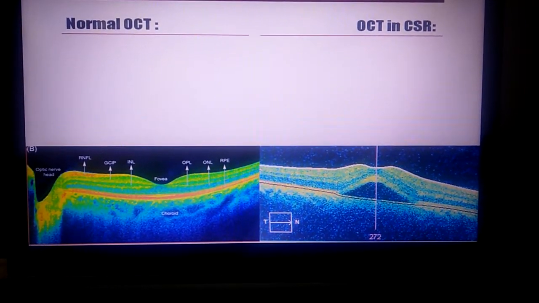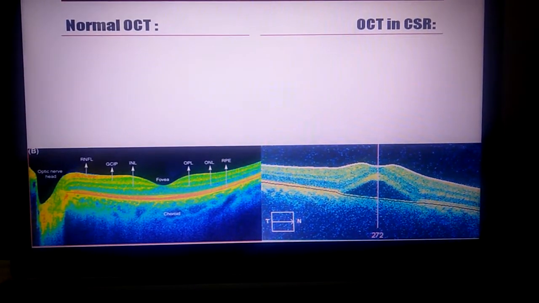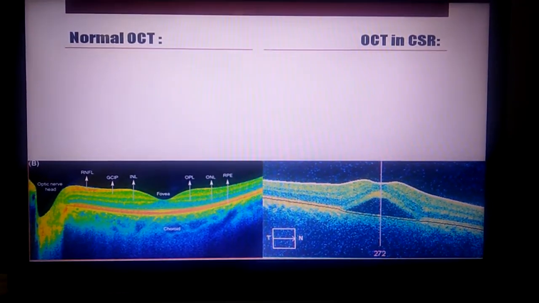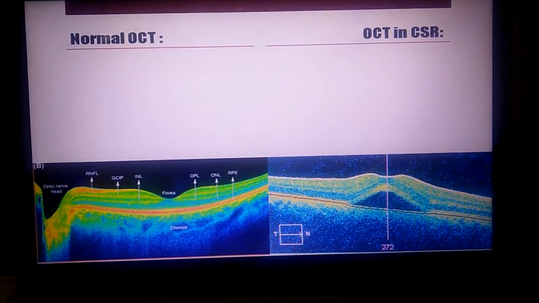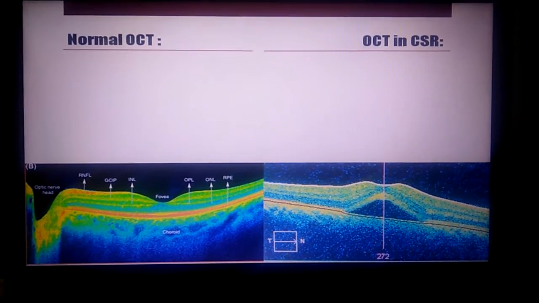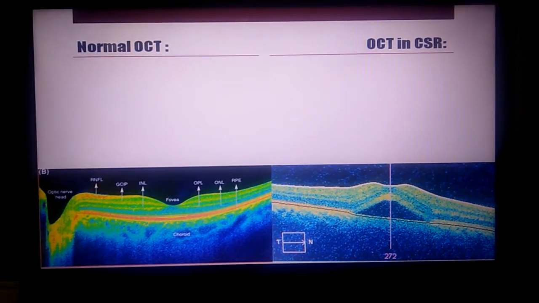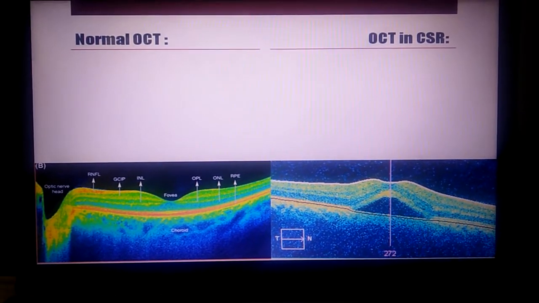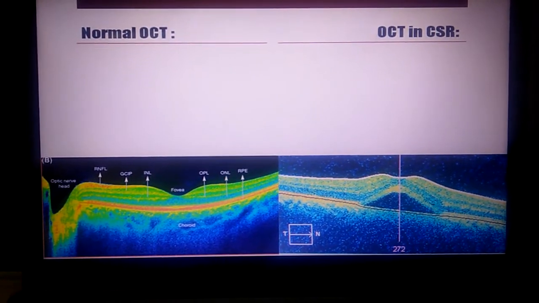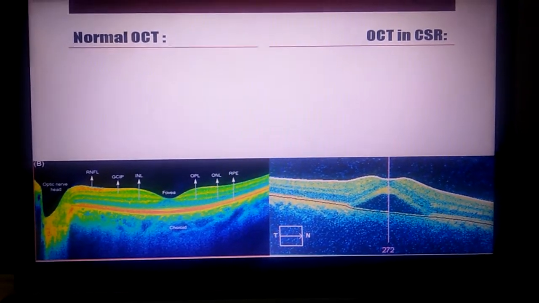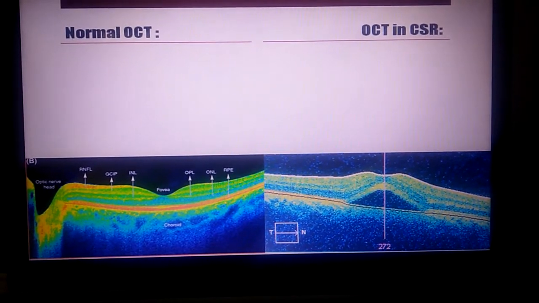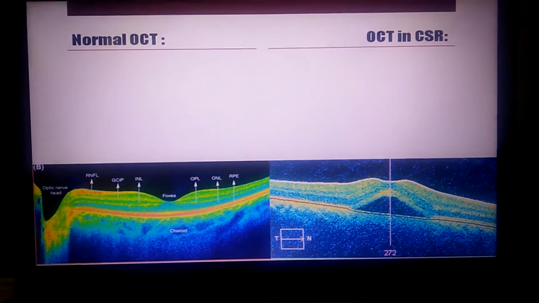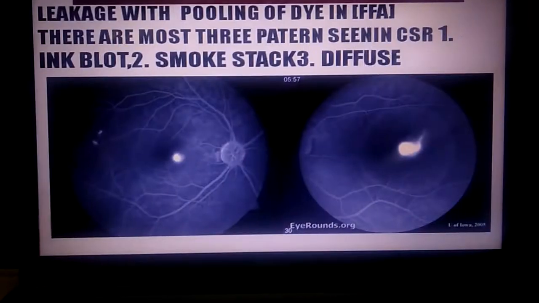In the first image, a normal OCT, the RPE is very closely attached to the Bruch's membrane of the choroid, and the neurosensory retina is very loosely attached to the RPE. Whenever the choriocapillaries leak, the fluid reaches between the RPE and the neurosensory retina and causes CSR, and you can see this in the second image. This empty space which is showing the fluid is known as subretinal fluid.